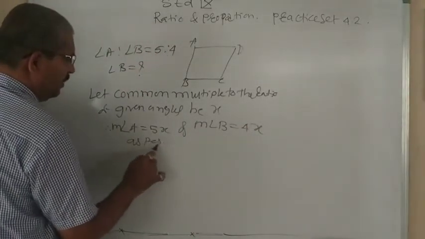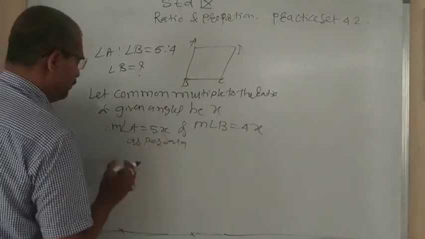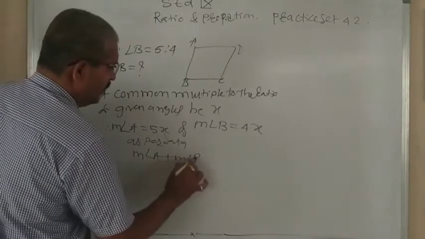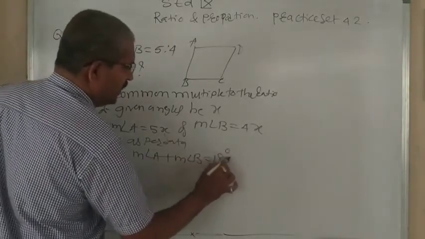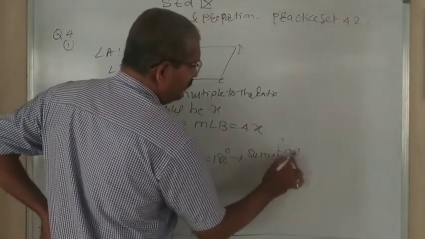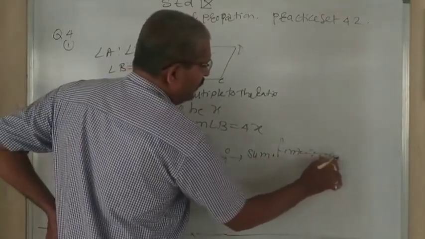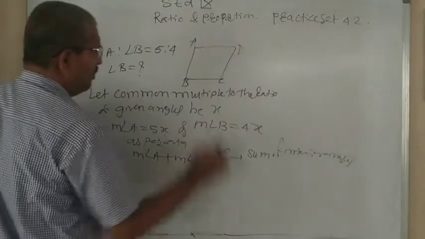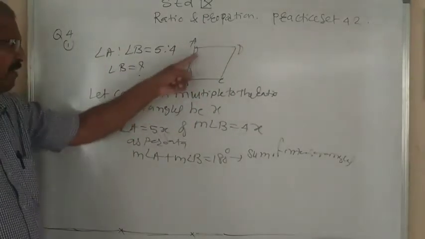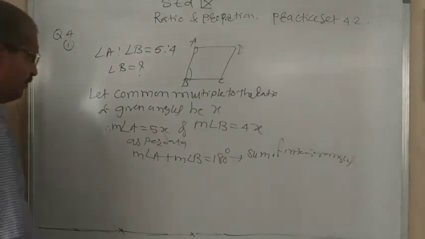As per data, measure of angle A plus measure of angle B is equal to 180 degrees, the sum of interior angles, since angle A and angle B are interior angles.